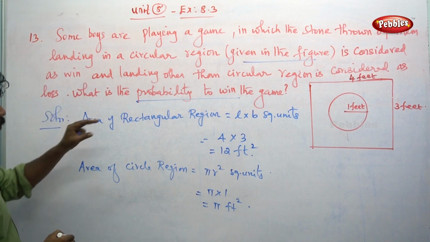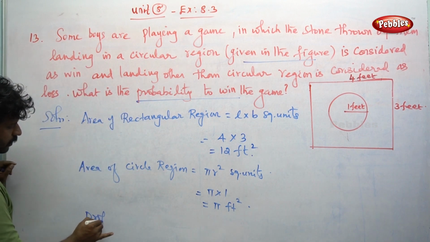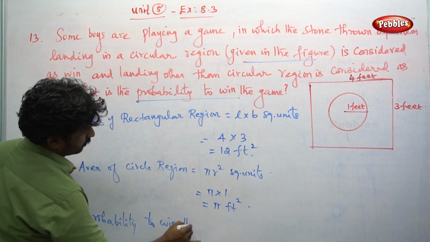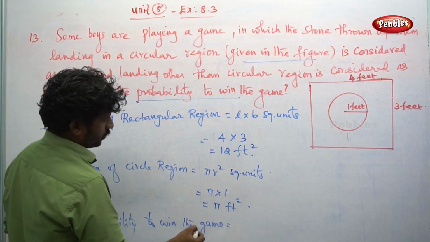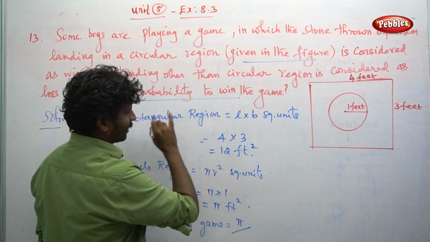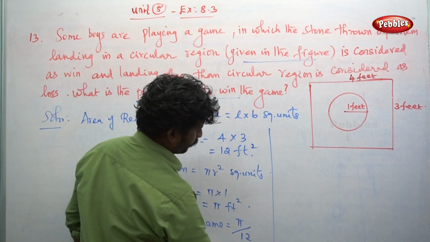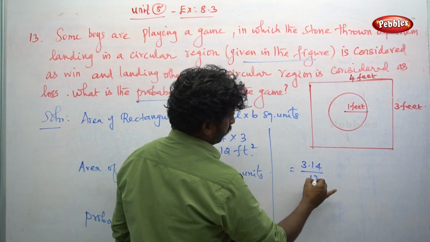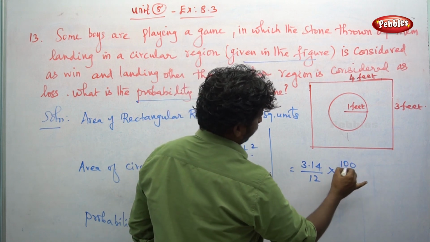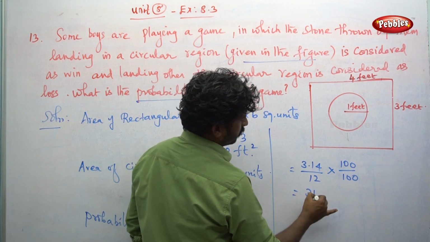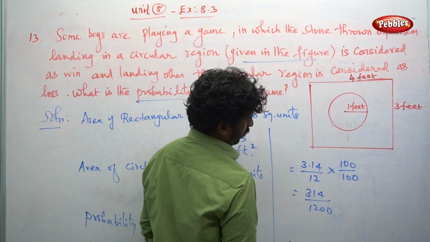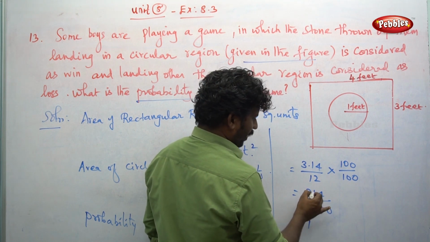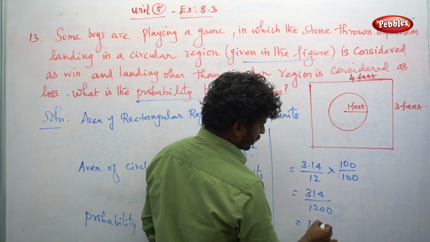Then now probability to win the game is equal to the probability of win the game is equal to, so now what should we do? We divide this circle region by this rectangular region. So which is equal to pi, that is 3.14, divided by 12. Let me convert this to a whole number. So we can multiply by 100, right? So multiplying by 100, 314 by 1200. Now cancel. This is 1 2s are 2, remaining 1, 11, 5 2s are 10, the remaining 1, 14, 7 2s are 14.